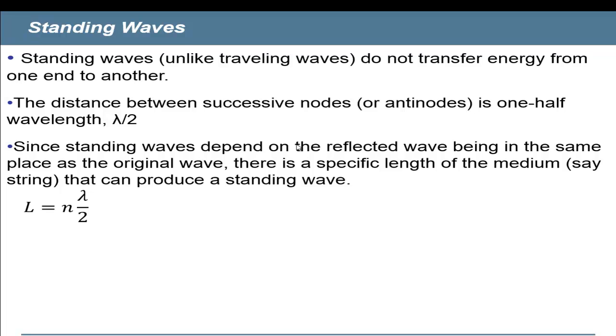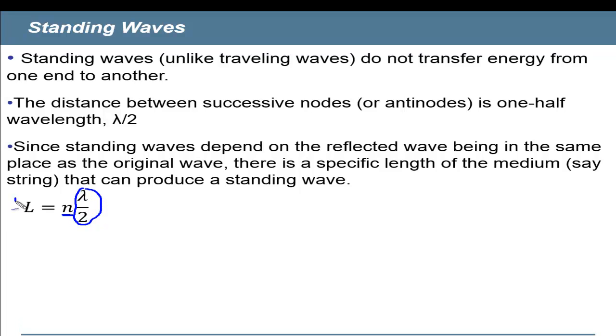So the length of the string must be some number n, which is an integer, times lambda over 2, because the distance between successive nodes or antinodes is half the wavelength. So this is our distance right here, and the length of the rope must be some integer multiple of lambda over 2.